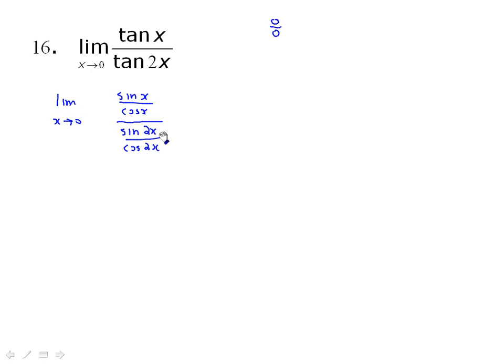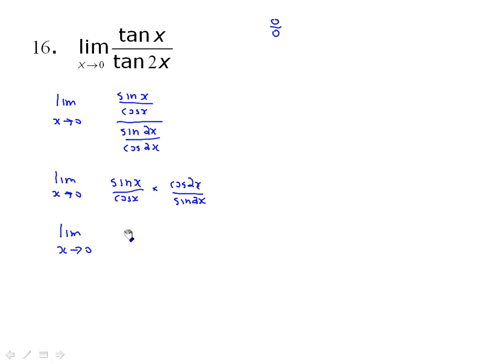And then, if we cleaned up this one by turning this complex fraction into a single fraction through division, it'd be sine x over cos x multiplied by cos 2x over sine 2x. Now, if we break it up now, the way that we have been doing it in the past, we can get it in a form we want.